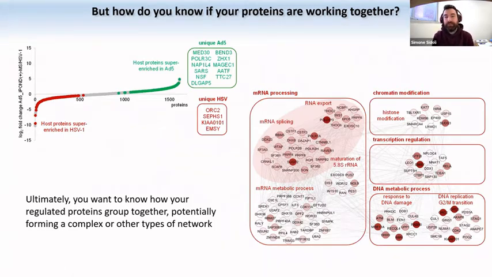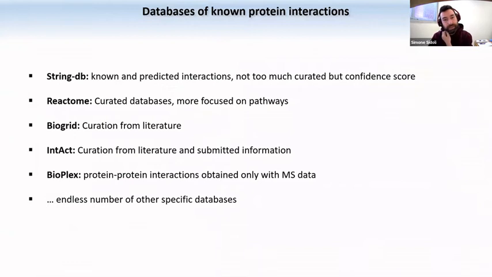And now the real question is, how do you go from a functional enrichment to a list of proteins communicating with each other somehow that I can visualize, and that also becomes appealing for a scientific publication? Well, there are many databases, again, available online that can be helpful to connect proteins to each other.